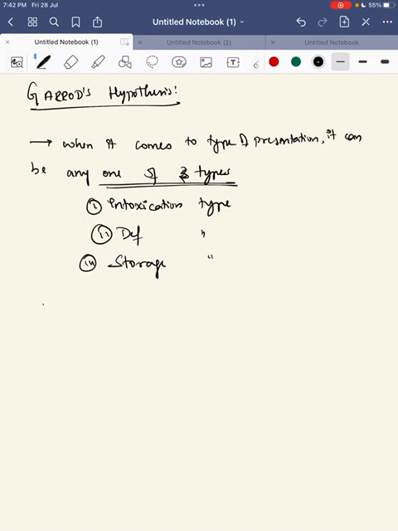For example, a substance A is converted to B, and with the help of the enzyme E, it is converted to C. This is a normal pathway.